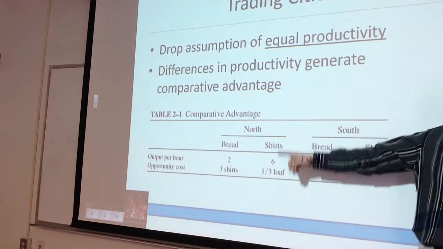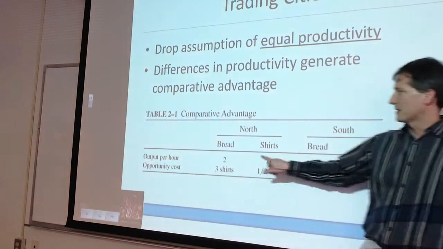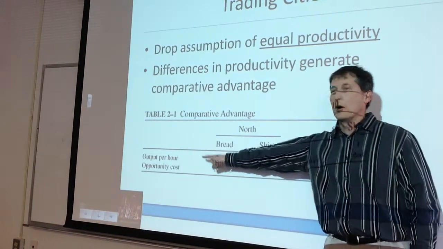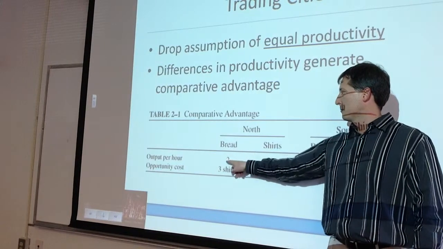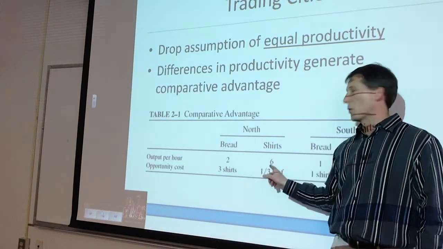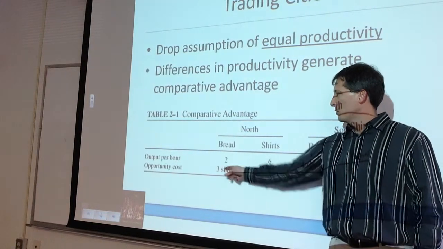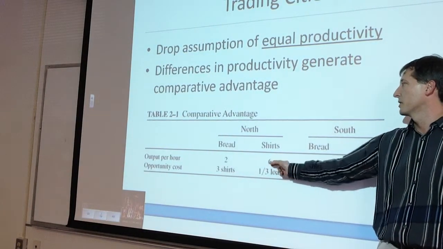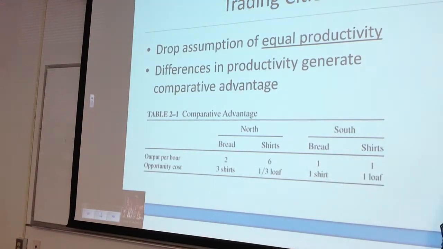But this is one of the figures in your book. And so some of the key things to remember is that this is labor productivity in terms of output per hour of labor. So it's not that we're having necessarily this and this, but it's this or this. So it's the output per labor is 2 bread, or that same person could be doing 6 shirts. And then over here it's just a 1 for 1.